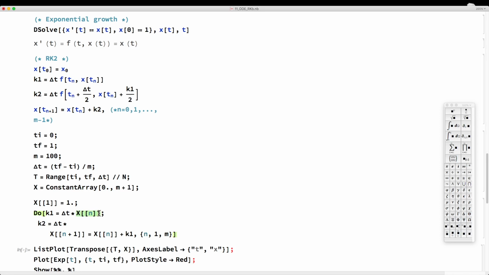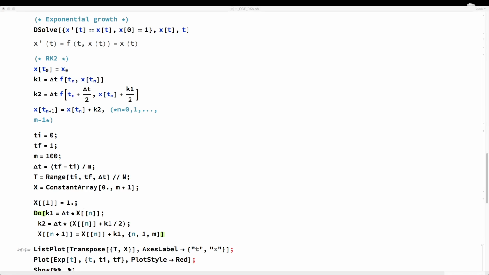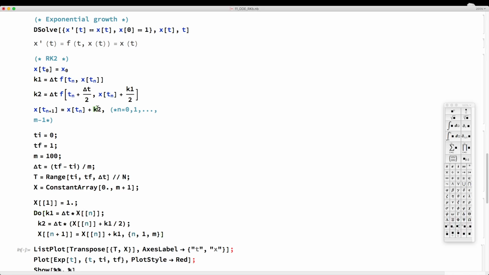So because f of x equals x, all I have to do is replace this function here by x of tn plus K1 over 2, and then comma. So this is it really. We still need to make this correction. So the correction here for the next time step is K2.